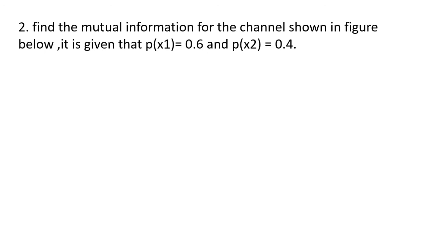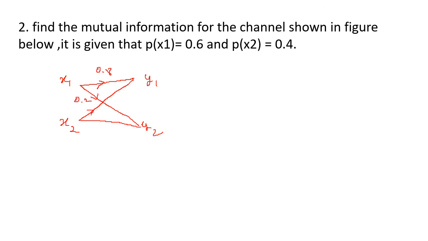So the channel diagram is given as, you have x1, x2, y1, y2 and these values. So P(y1/x1) is 0.8. This value is 0.2. This value is 0.3. And this value is 0.7.